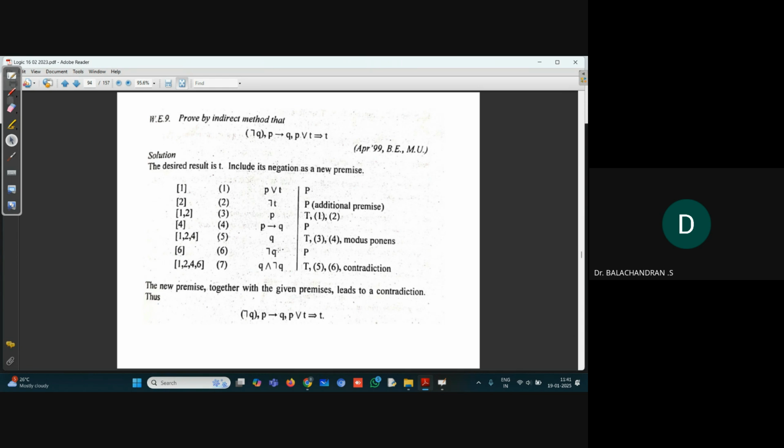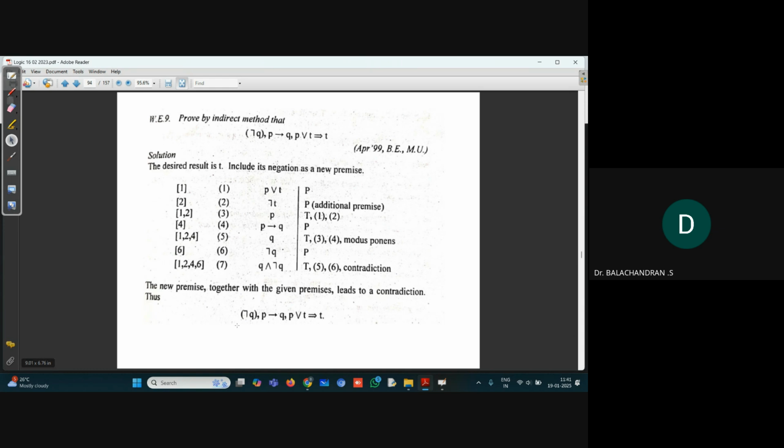So now P, Q implies what? Or Q, ¬Q implies what? Q and ¬Q. So this is actually what? False. So this is rule T. The new premise, what is the new premise? Negation T, together with the given premises, leads to a contradiction.